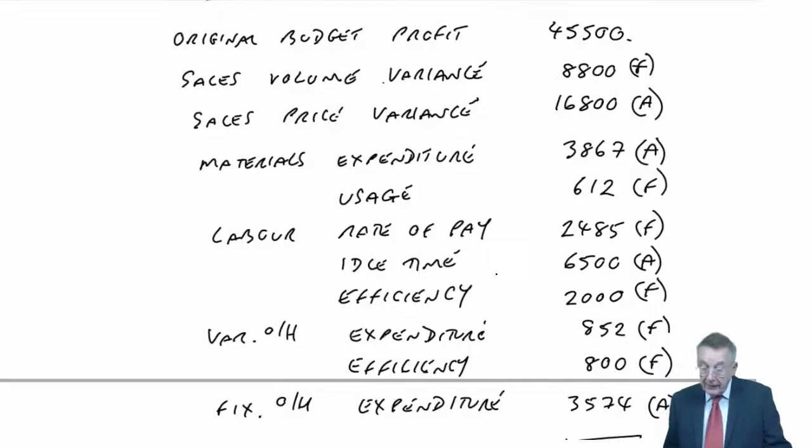So this could prove to be very embarrassing. Let's just check if it works. 45,500 plus 8,800 minus 16,800 minus 3,867 plus 612 plus 2,485 minus 6,500 plus 2,000 plus 852, 800 minus 3,574.